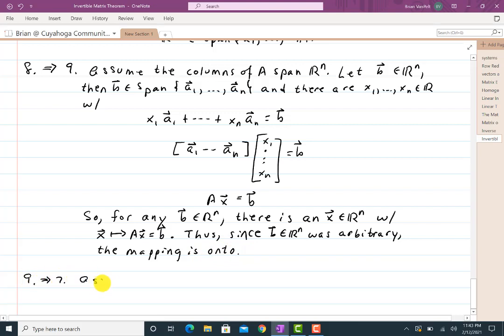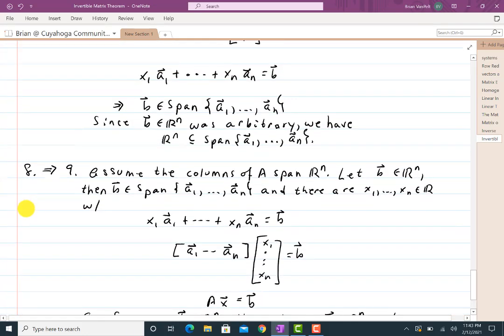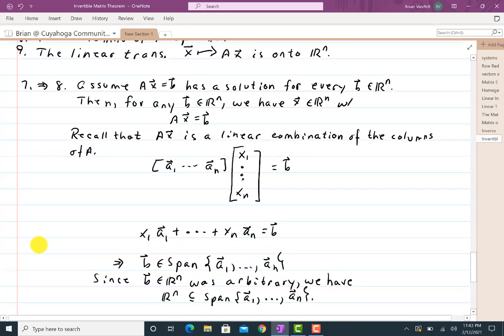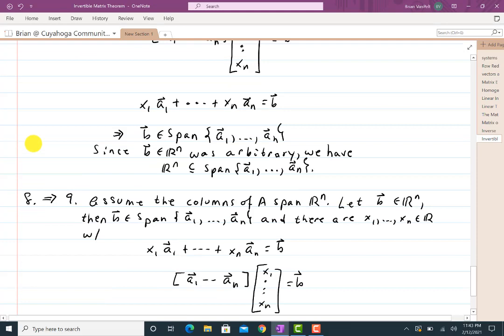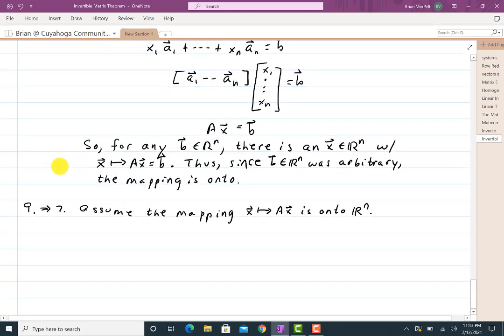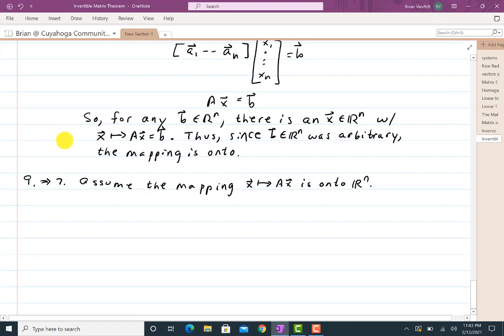So now we assume the mapping x goes to Ax is onto Rn. Now what does 7 want us to prove? Let's come back. Come here, 7. Where you at? 7 is the equation Ax equals b has a solution for every b in Rn. Let b be in Rn.